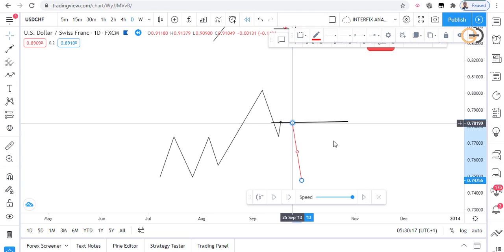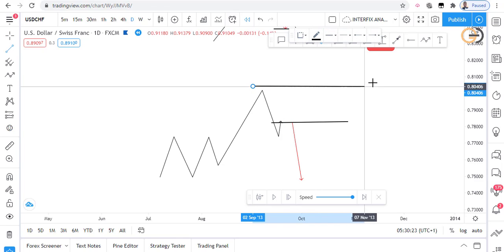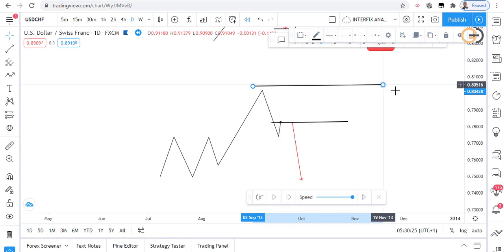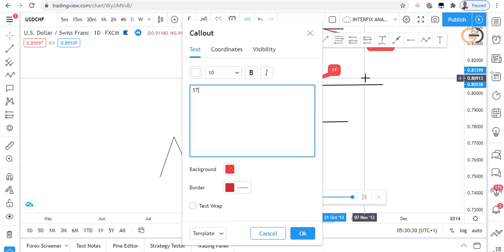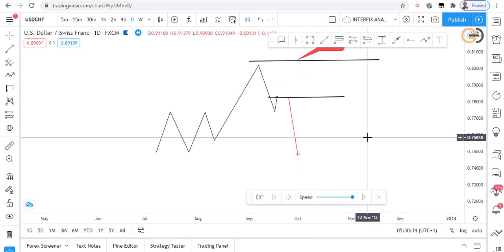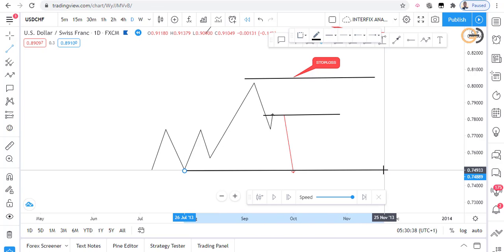Maybe you feel this is a lower high. And then your risk, you put your risk here. You put your stop loss here. And then you put your take profit here.